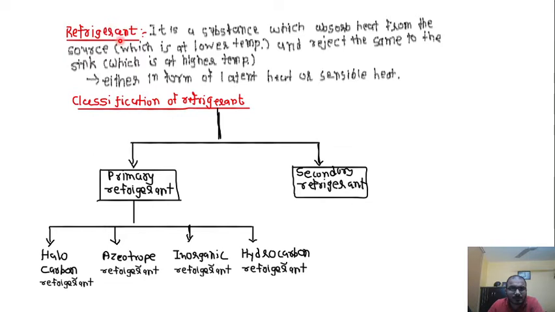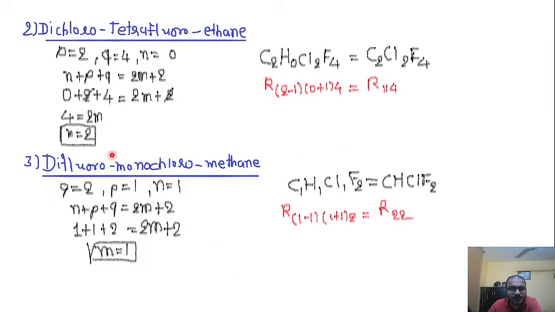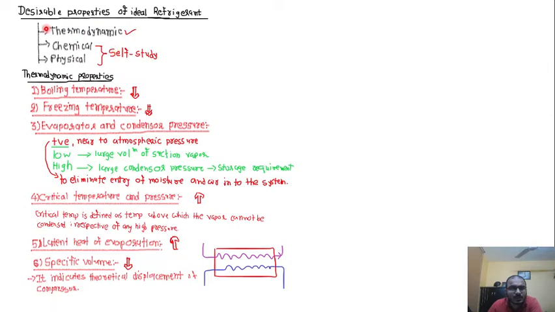Here we studied about refrigerant, classification of refrigerant, then designation of refrigerant. We studied about the desirable properties of an ideal refrigerant, in which we mainly focused on the thermodynamic properties, and I gave you chemical and physical properties as a part of self-study.